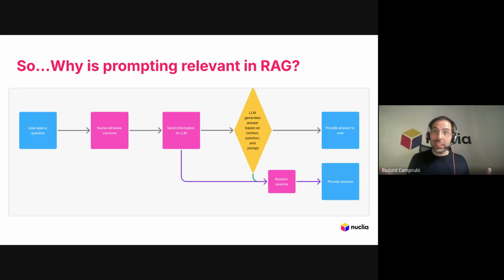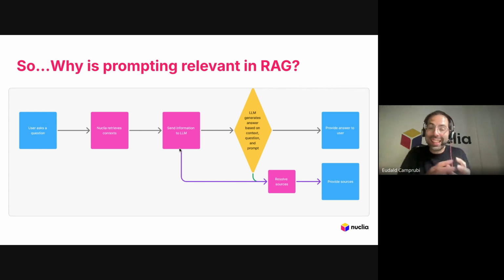Everything begins with a question. Once the user asks a question, we go to NucliaDB to retrieve the right data to answer what the user is looking for. And once we get from the database the information necessary to answer the user, we send that information to the LLM, the language model.